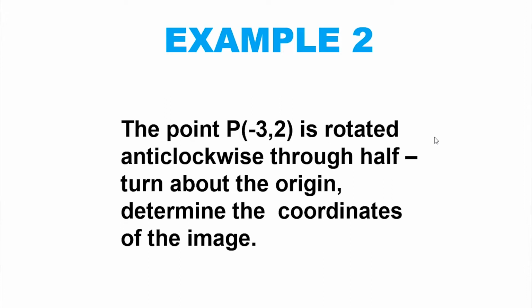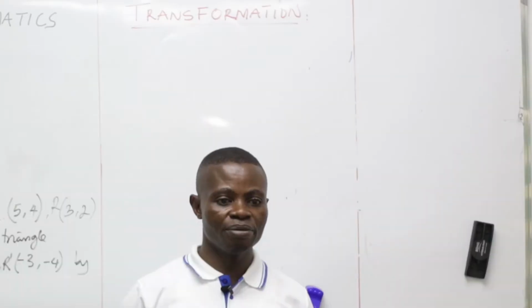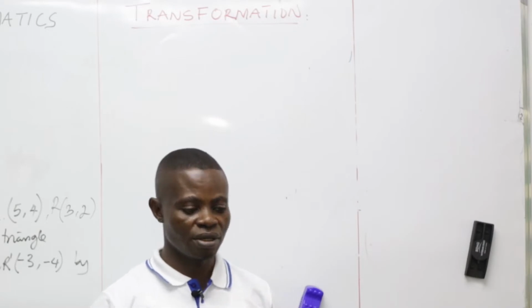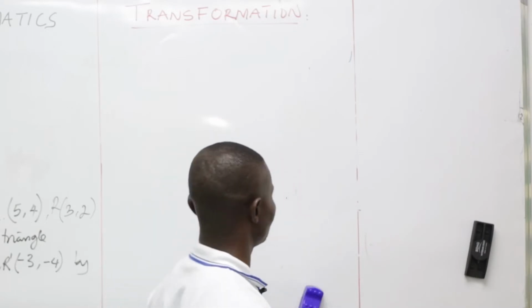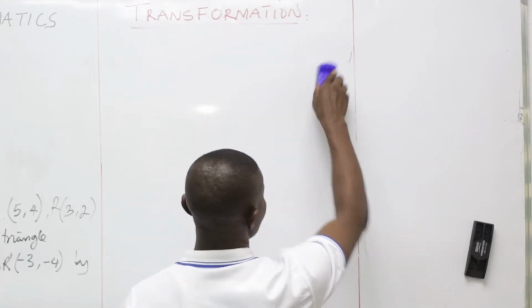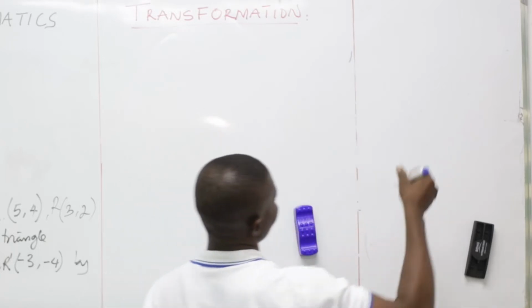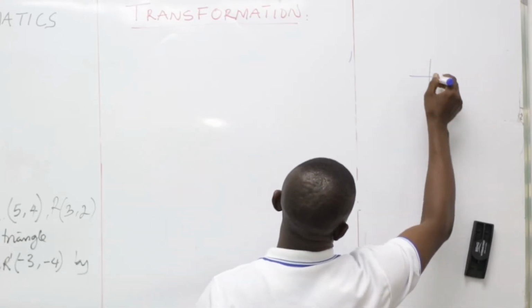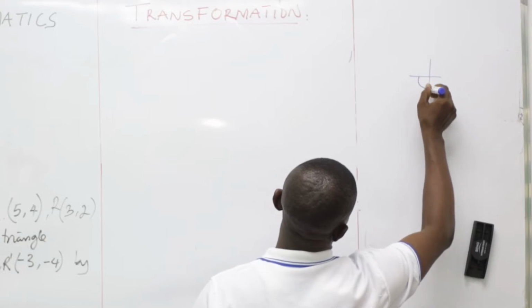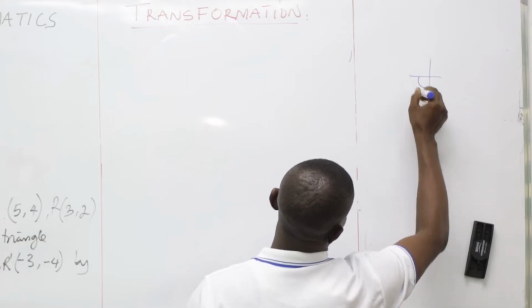You know, a full turning in rotation is what? 360 degrees. The half, it means what? 180 degrees. Now let us see how it turns. So first of all, generation of formula, our cardinal points, 180 degrees. This is (minus x, minus y).